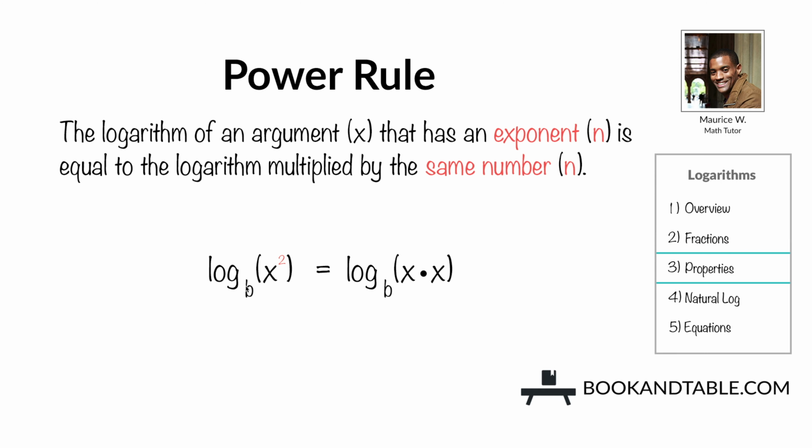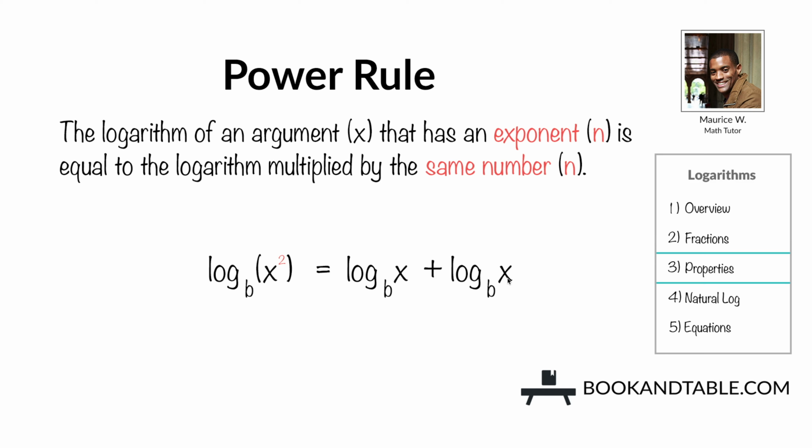So let's say you had the log of base b of x squared. x squared is x times x. And x times x, we can now use the product rule here to separate this into the sum of two logarithms, which would be the log of base b of x plus the log of base b of x.